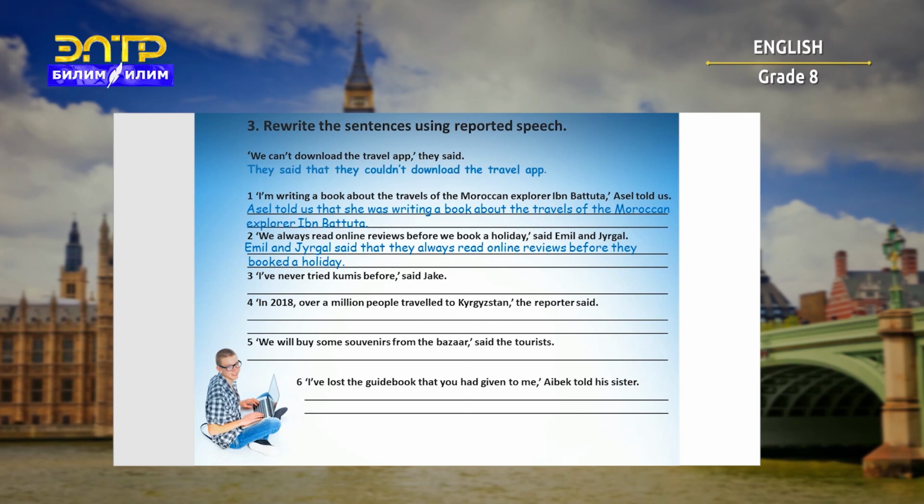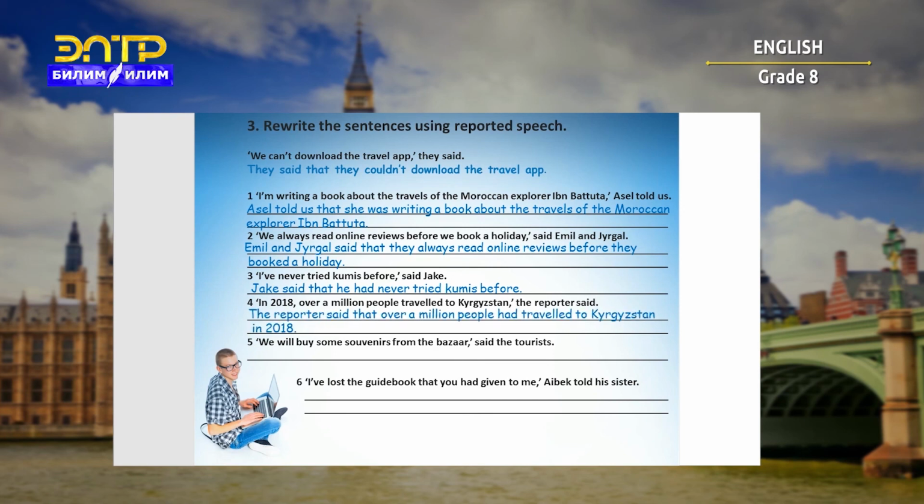Now let's check sentence 3. I've never tried kumis before, said Jake. What did Jake say? Jake said that he had never tried kumis before. Sentence number 4. In 2018, over 1 million people traveled to Kyrgyzstan, the reporter said. What did he say?